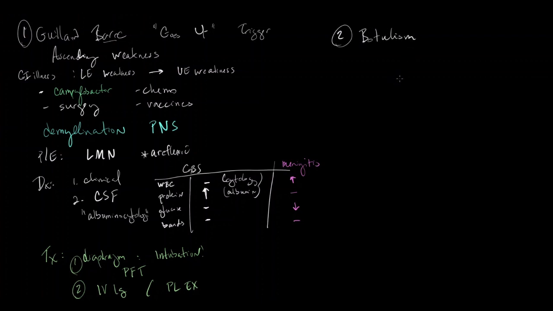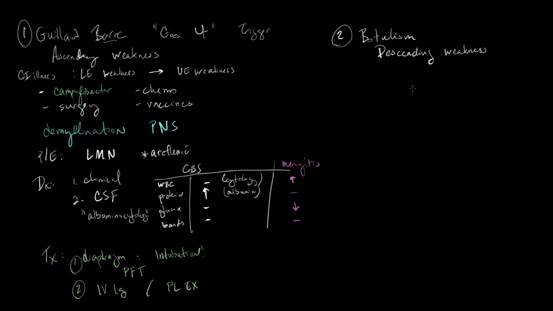Our next topic is botulism. Now, this also presents as weakness, but unlike Guillain-Barré, instead of an ascending weakness, this is a descending weakness. So I remember this as sort of the mirror image of Guillain-Barré.